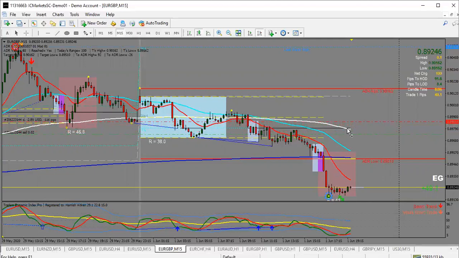Once you drag to the top side, you can see at this far end here, I'm getting a notification of my stop loss, that if I place my stop loss at that point, I'll lose $2.65 for 10.6 pips.